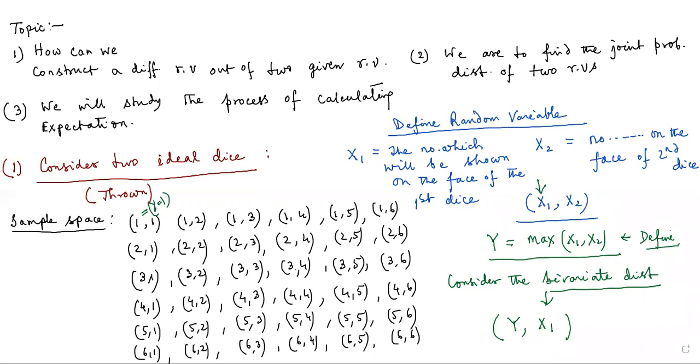I'm going to prepare one bivariate table in which I'm going to calculate the probabilities associated with this random variable (y, x1). Now, the probability distribution associated with (y, x1) will be studied. For this, I'm going to prepare the table first. So this is my y, and this is my x1. I will read the column first, and then I'm going to read the rows.